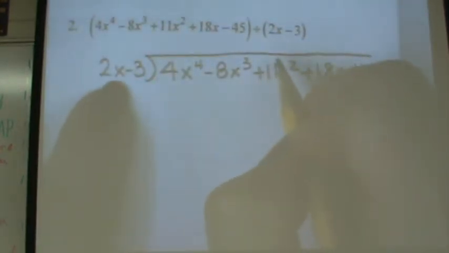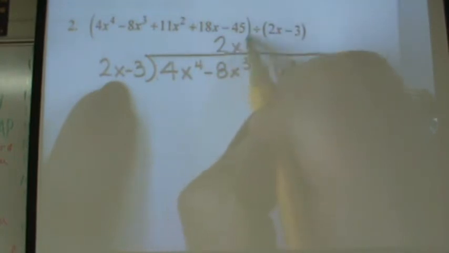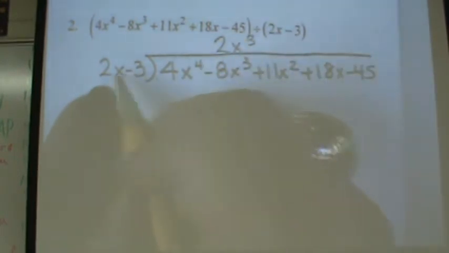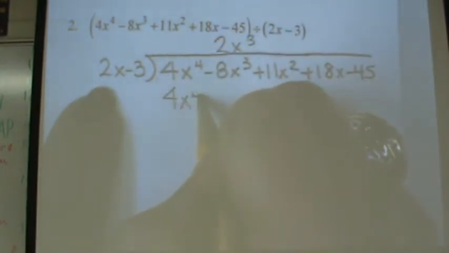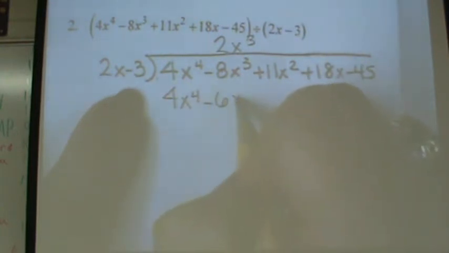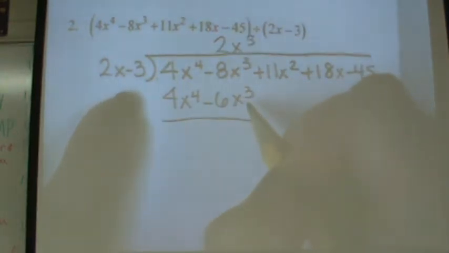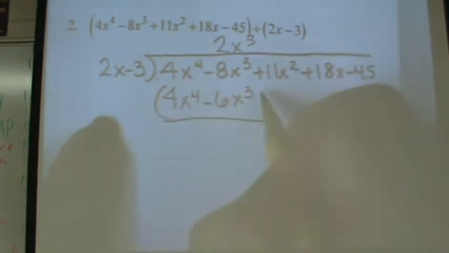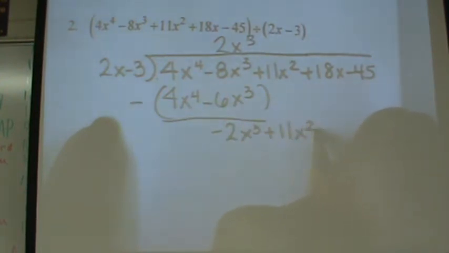So we need a 2x cubed. 2x cubed times both of these is 4x to the 4th minus 6x cubed. When we subtract these, this is going to become a positive, so you have negative 2x cubed plus 11x squared.